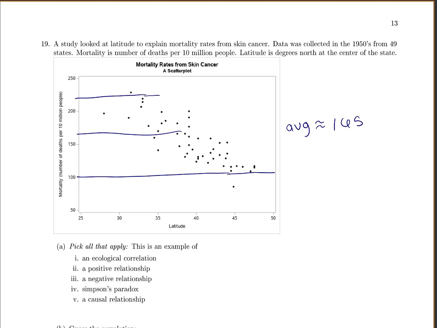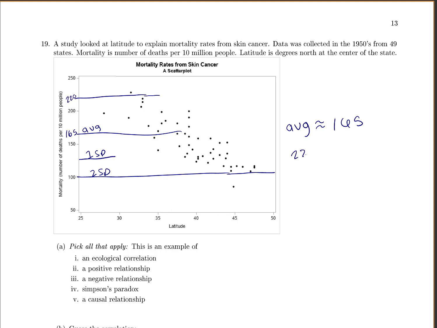And remember, most of our data should be within 2 standard deviations. So that means we start at our average and we go to 1 standard deviation and then we go to 2 standard deviations. So let's try and figure out how big that distance should be from here to here. So if we're saying this is like 165, then I have to get from 165 to 100. Or my top point up here is maybe about 220.